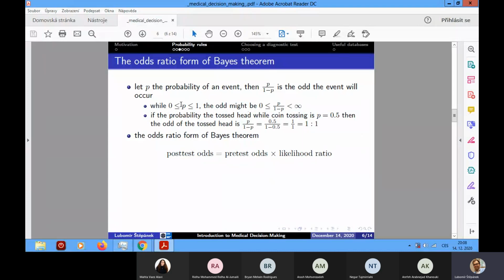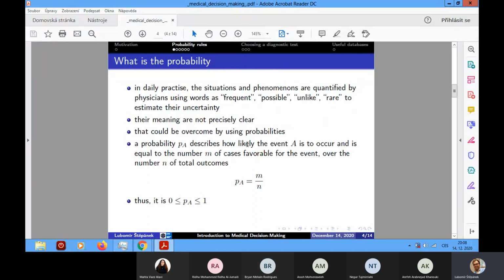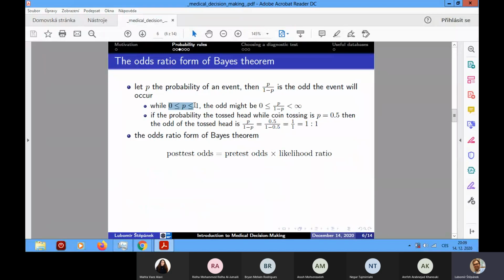We know that the probability p must be somewhere between 0 and 1 inclusively, and that's pretty clear because I talked about it in the definition of Laplace's discrete probability. By analyzing the properties of this fraction, we get these inequalities. If these inequalities are true, then we can derive that the odds might be somewhere between 0 and infinity.